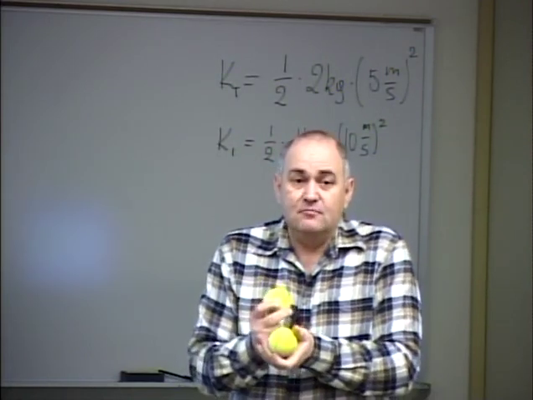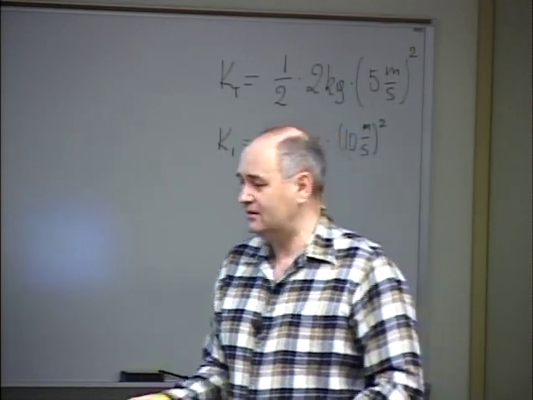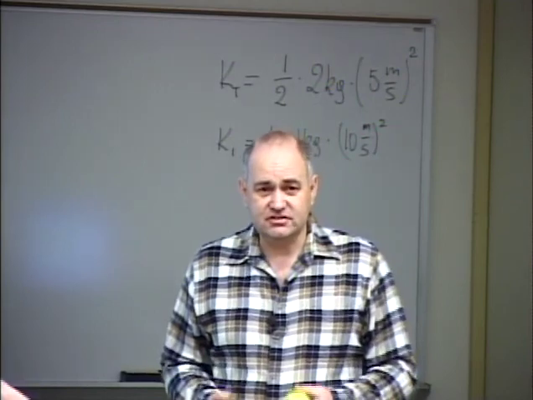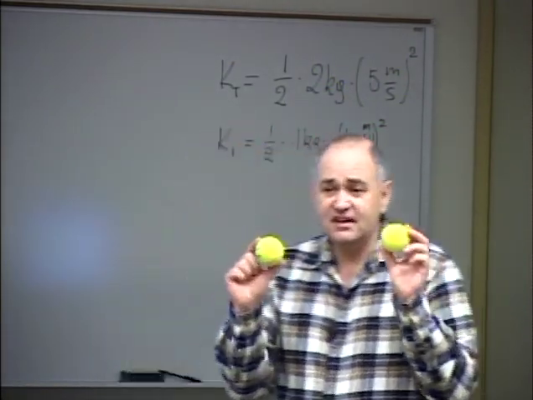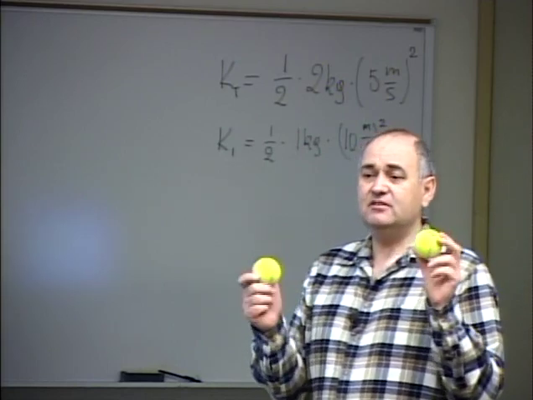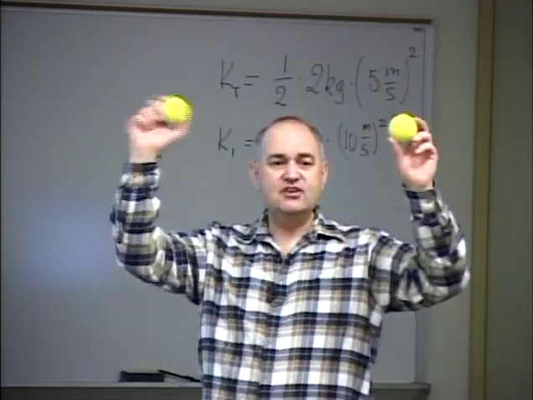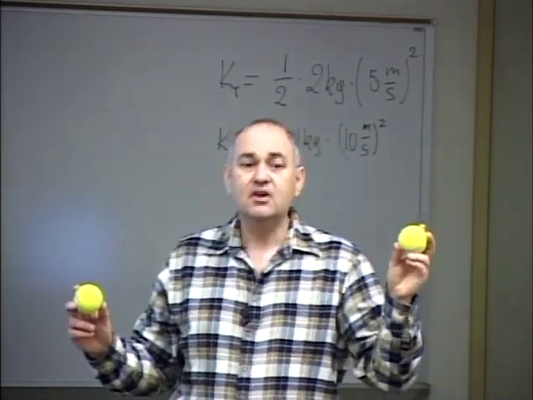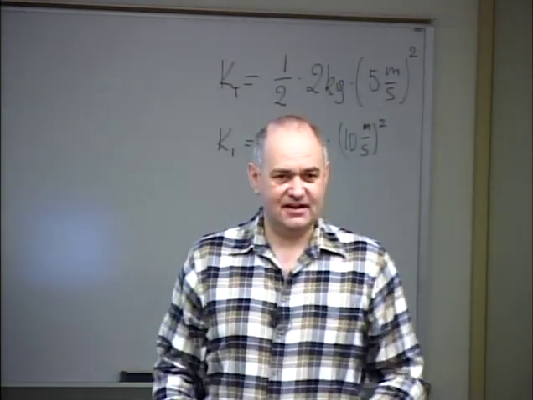Now, make sure not to confuse those three kinetic energies. Actually, no, even more. Four kinetic energies. Yes, for those two balls, I can think about four kinetic energies already. Tell me what do I have in mind? Kinetic energy of ball 1, kinetic energy of ball 2, total kinetic energy, translational kinetic energy.